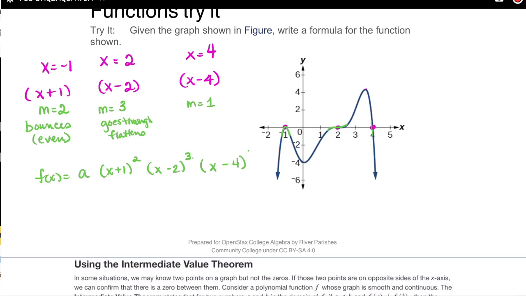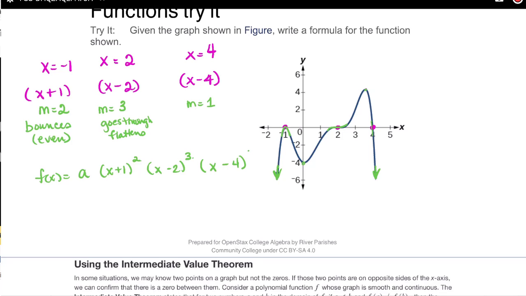So 2 plus 3 is 5 plus 1 is 6. It's even. And if you look at the end behaviors, it does show that it is even. Let's see, there are 1, 2, 3 turning points. So we're good there as well because the most number of turning points we could have would be 5 because 6 minus 1 is 5.